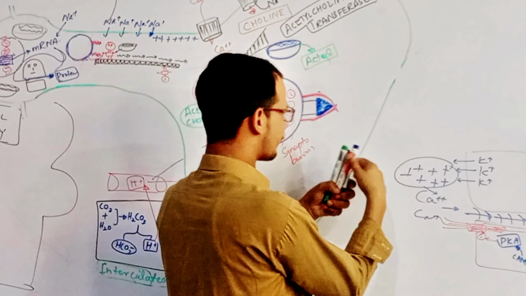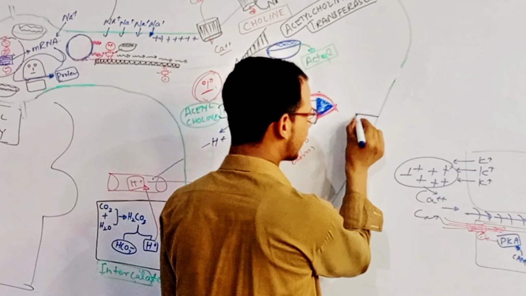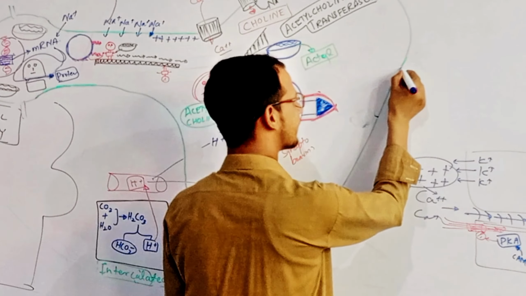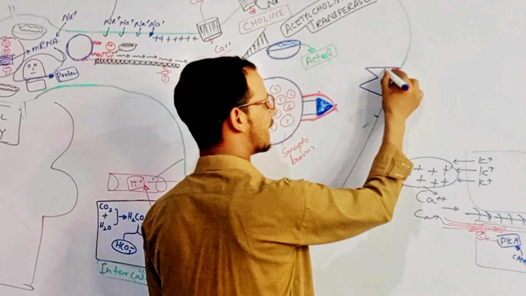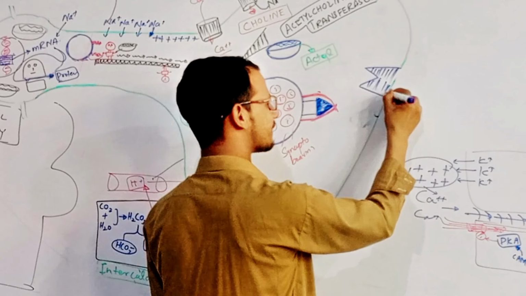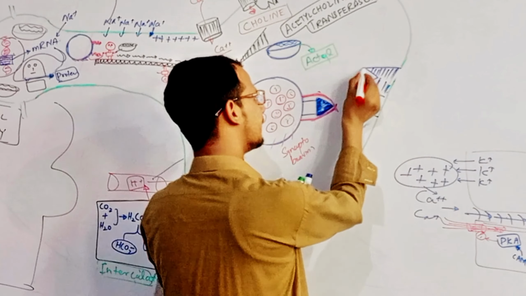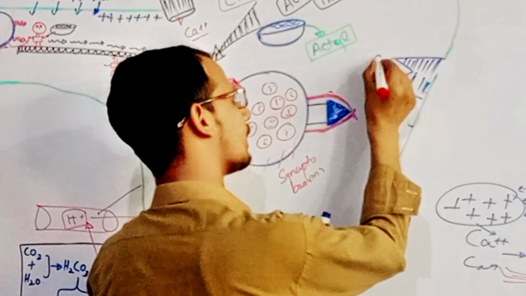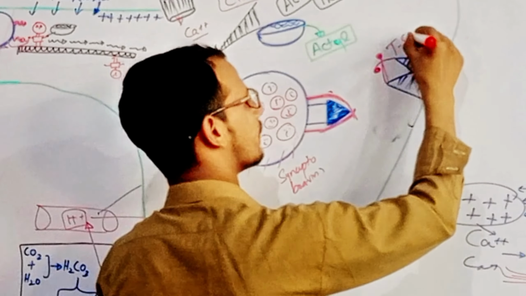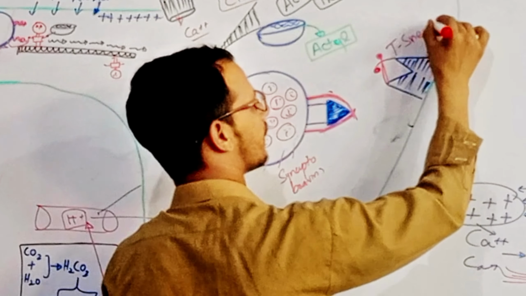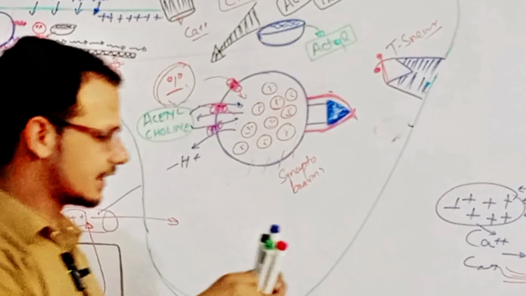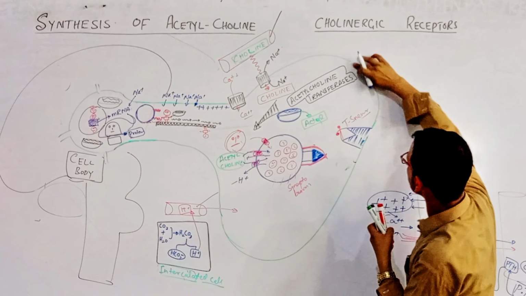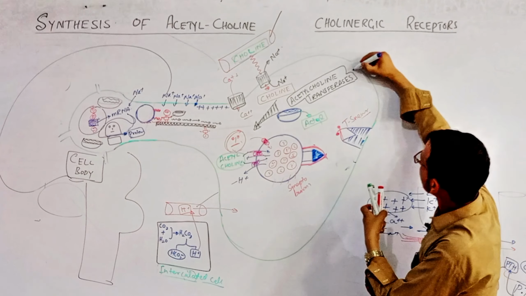And this terminal has, for example, the receptor to which this can bind, but this site is also blocked by T snares, which are syntaxins, right? Now we have a lot of calcium channels in these terminals.